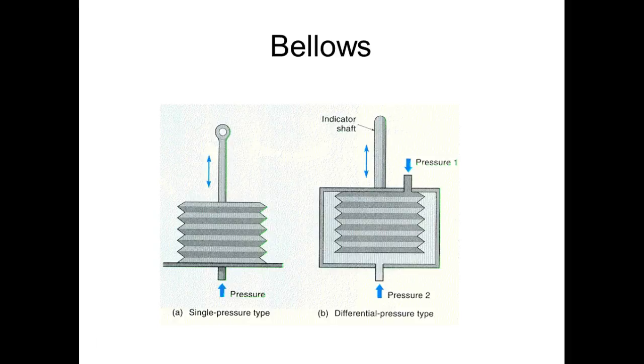And the bellows would end up with the differential. We could seal this off and put 15 psi inside this chamber, and then your pressure would be relative to 15 psi. And we could use this guy here both ways, right?